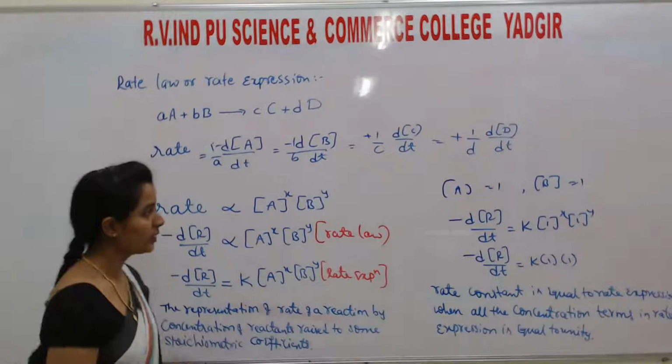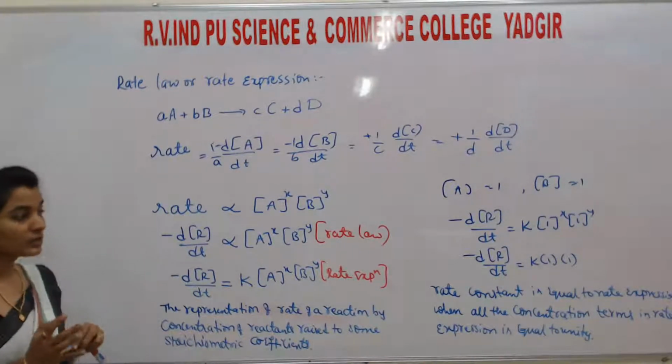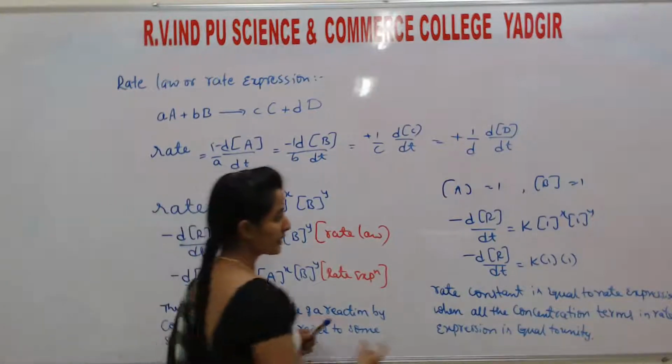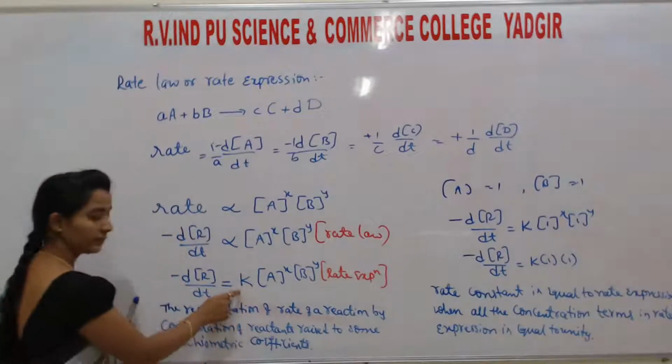So this is called as what? Rate constant. Understand, students? Here you know, if you consider this rate constant, this reaction you consider, this one you consider.